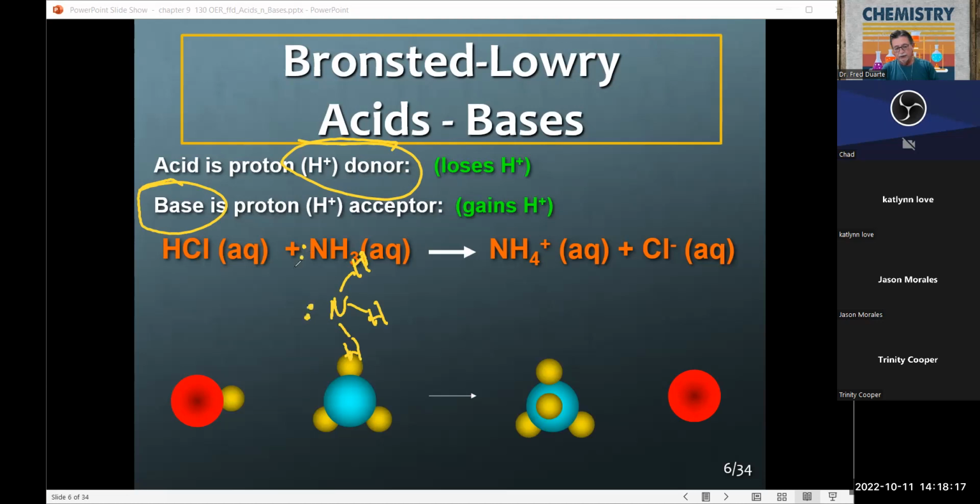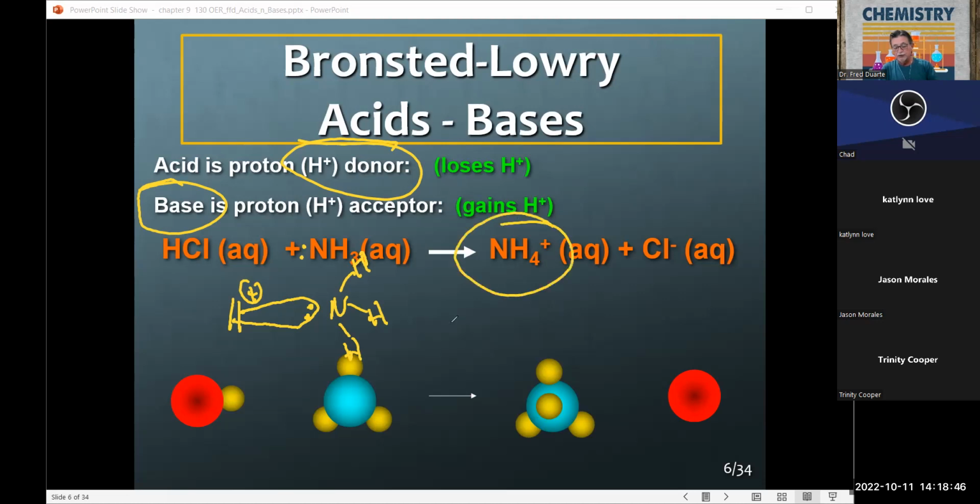I just stated that the proton has an empty orbital, okay? And like I demonstrated earlier with the hydrogen and the chloride, the same thing can occur here. That lone pair can insert itself into that empty orbital of the hydrogen, forming a complex.